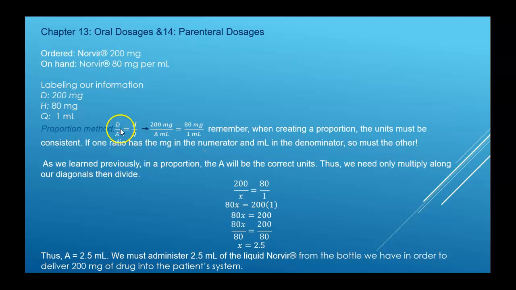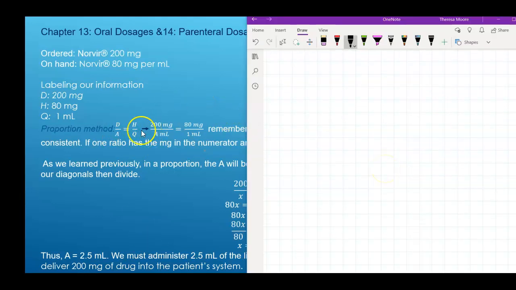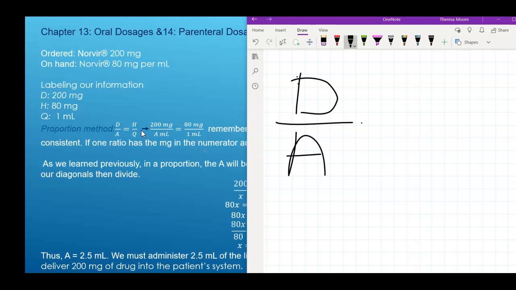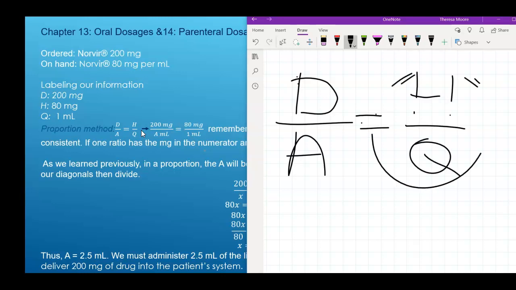So, proportion method: the amount of drug ordered is to the amount to administer as the amount of drug I have on hand per volume. So H and Q is your concentration. I physically have a bottle that has 80 milligrams per every 1 milliliter.